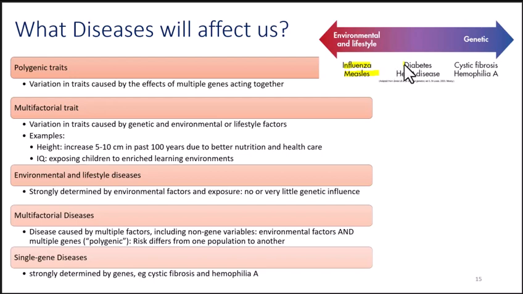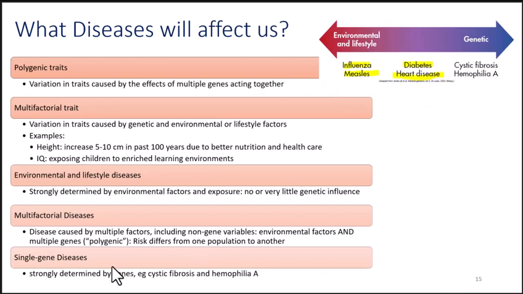Diabetes and heart disease, shown here, are also impacted by the environment and lifestyle on this spectrum, but there is a genetic component, so it falls sort of right in the middle. So in other words, multiple variables affect the development of these conditions.